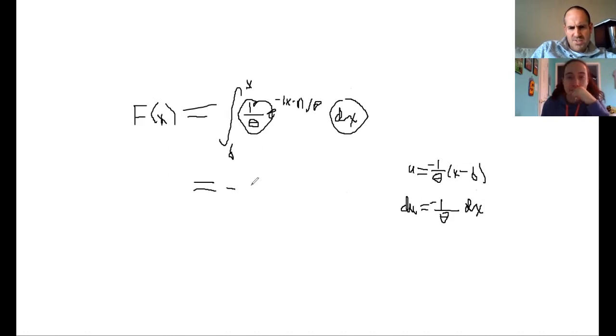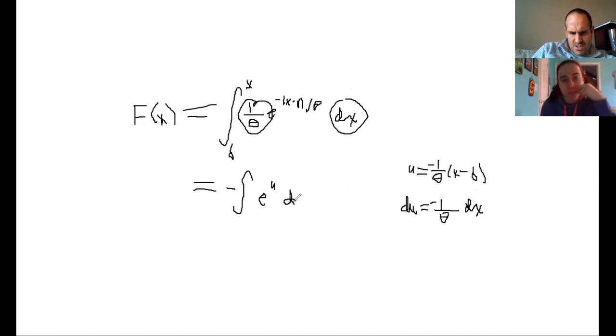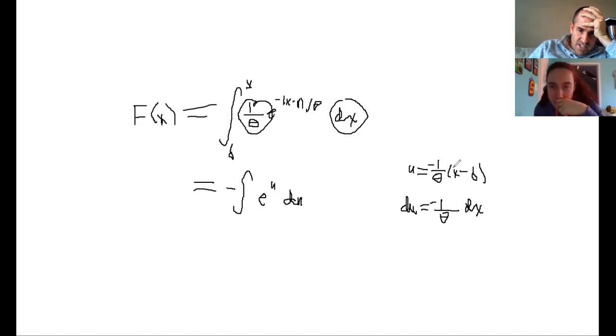So there's a minus sign that pops out, and it's the integral of e to the u du. What are the new limits of integration? If you take x to be delta, what's u?